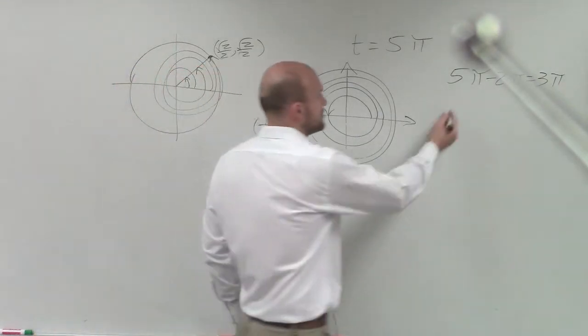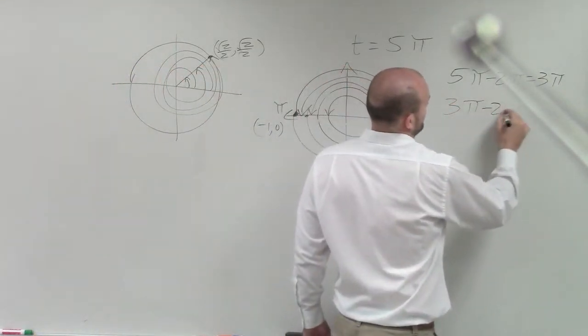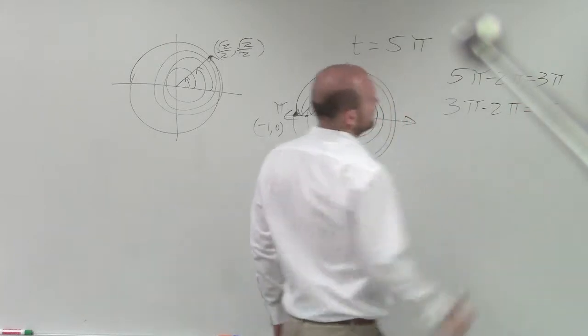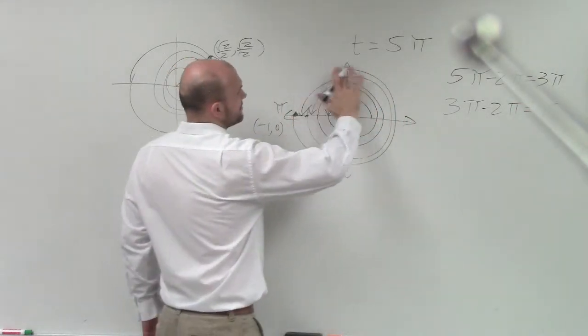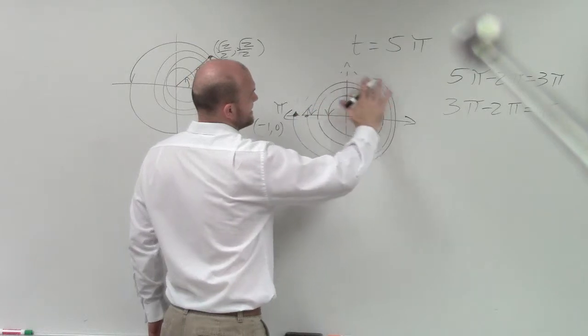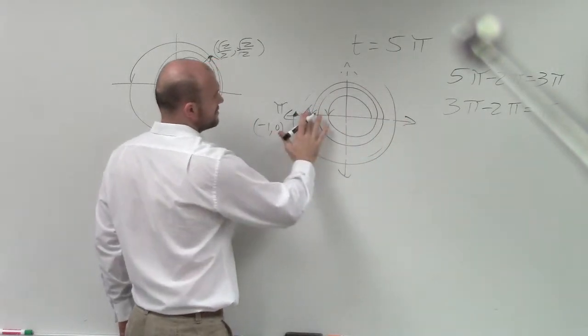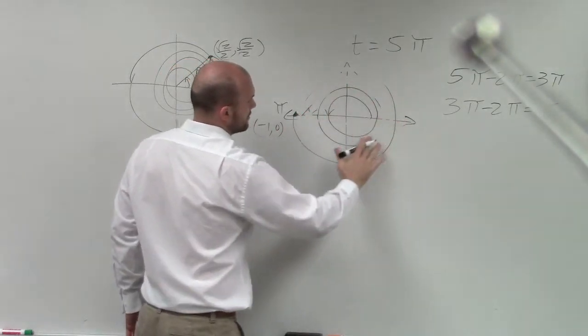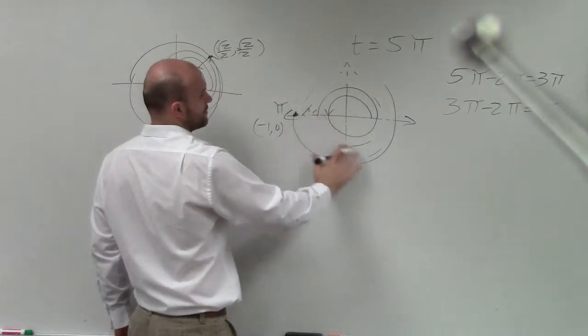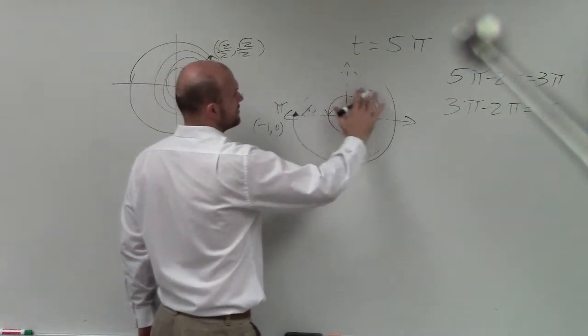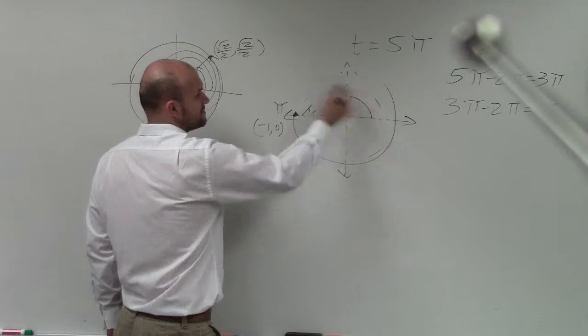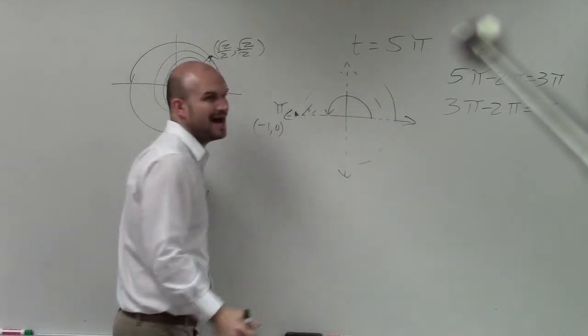No. So subtract 2 pi again. What I'm doing is literally just erasing. There's 2 pi, doing it again. There's 2 pi, and let's do it again. Boom. So the angle is just pi.